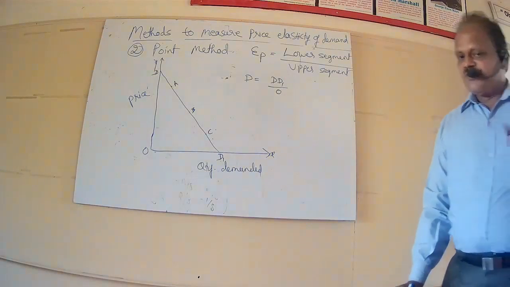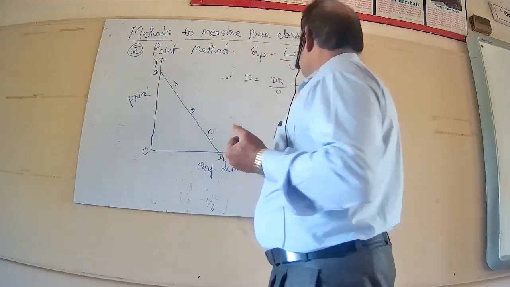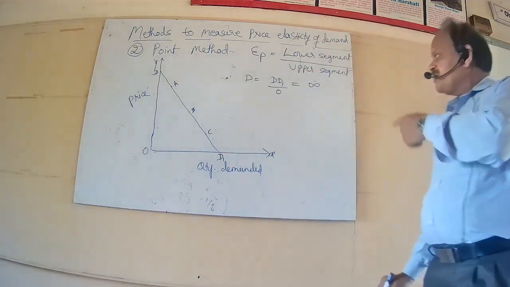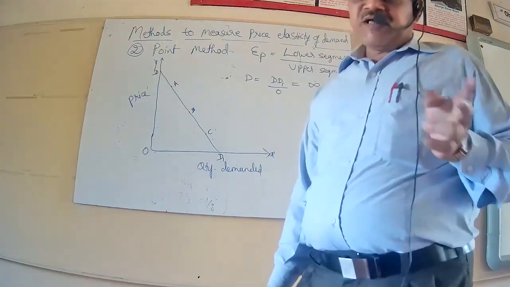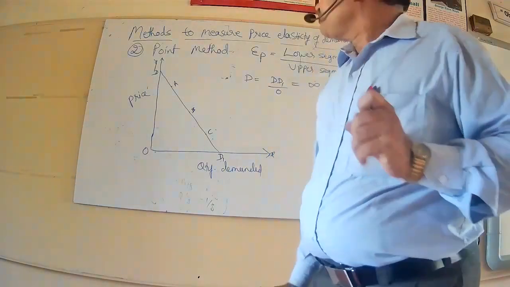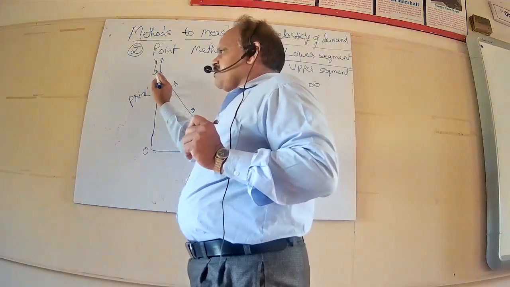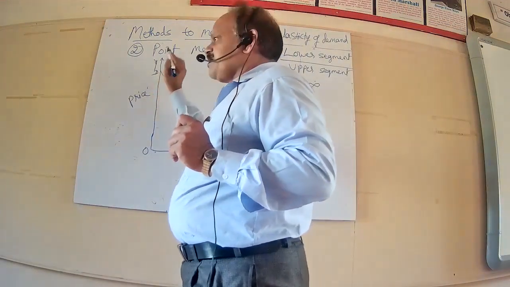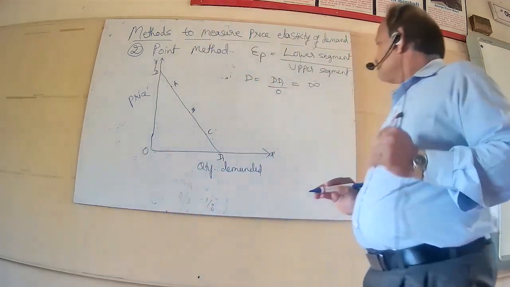Any number divided by 0 gives you the value as infinity. If the value is infinity, we can identify that type of price elasticity as perfectly elastic demand. You see, at point D, the elasticity of demand is infinity, that is not measurable or not countable.